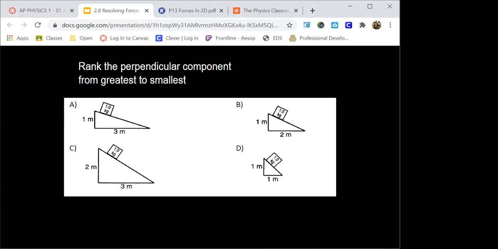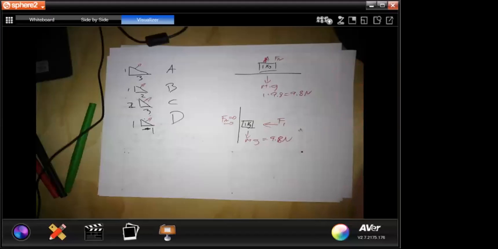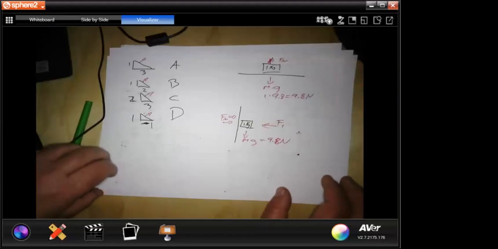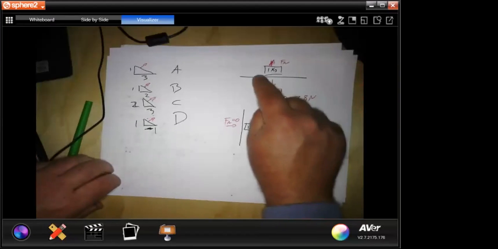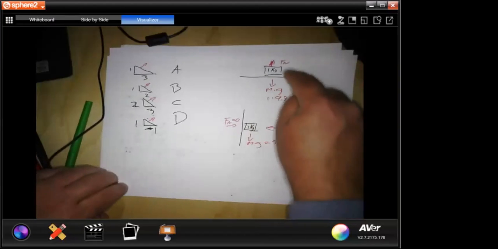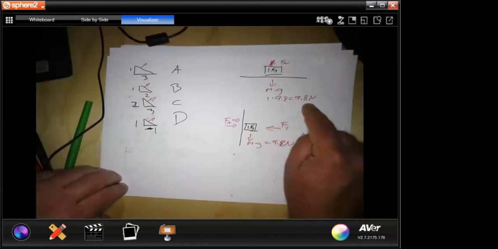Okay, so when we look at this, we can look at the extreme examples and see what we're working on here. Okay, so what we see is that if it was perfectly horizontal, this force normal would be equal and opposite to the force of gravity. Okay.